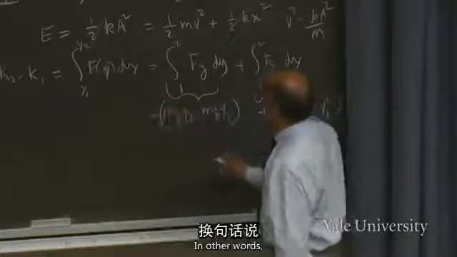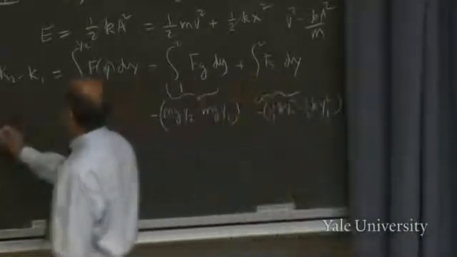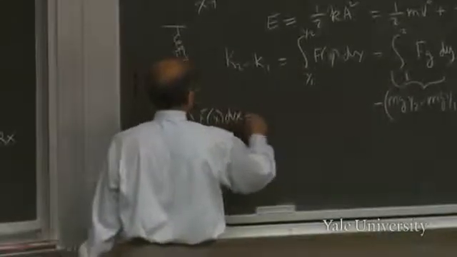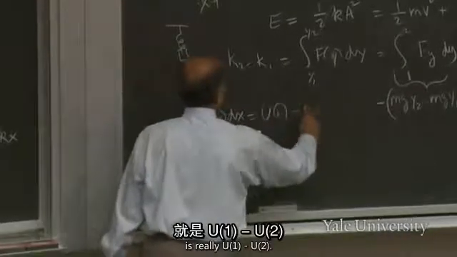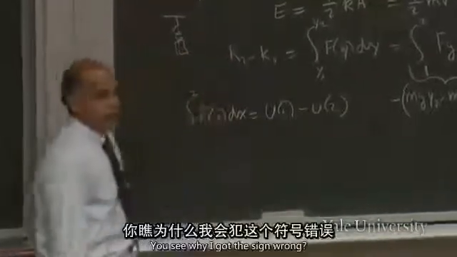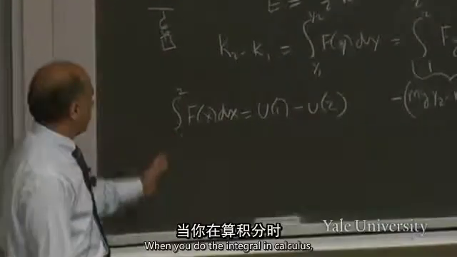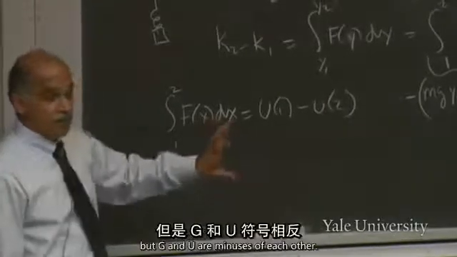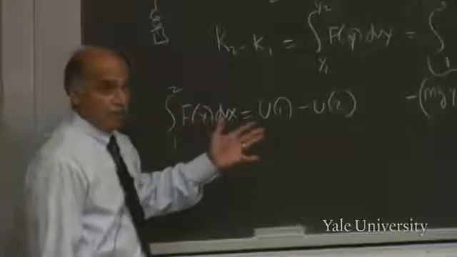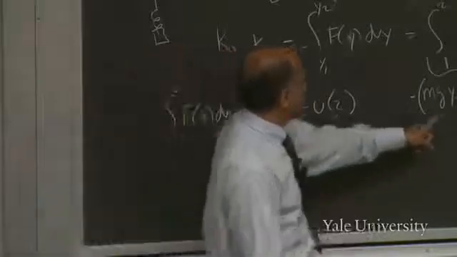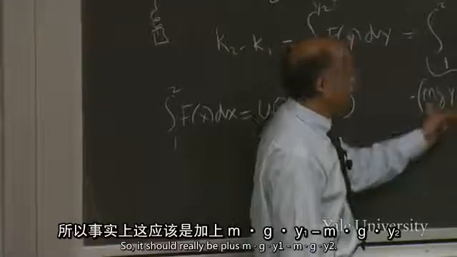In other words, the work done by the force, if there's only one force acting, is really U1 minus U2. You see why I got the sign wrong? When you do the integral in calculus, the integral of f is G2 minus G1, but G and U are minuses of each other. So the integral of force will give you U initially minus U finally. So it should really be plus mgy1 minus mgy2.